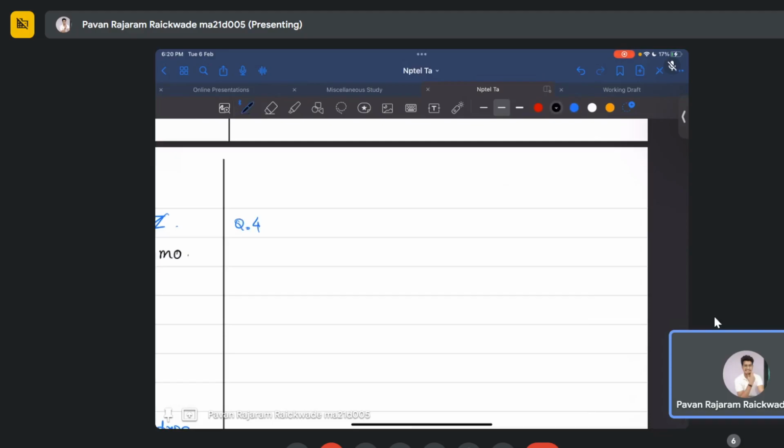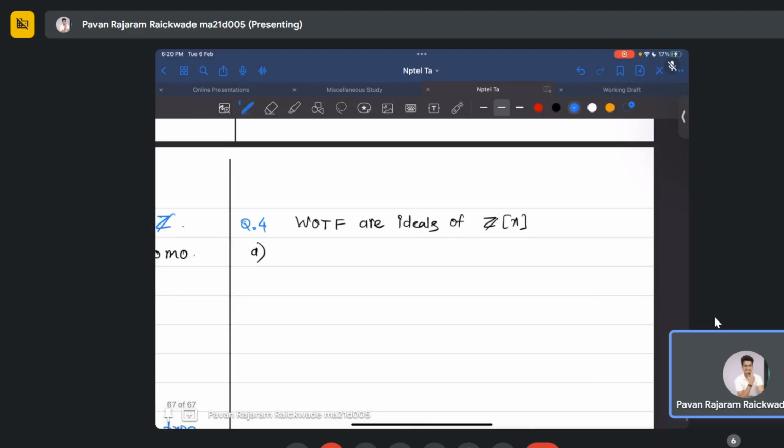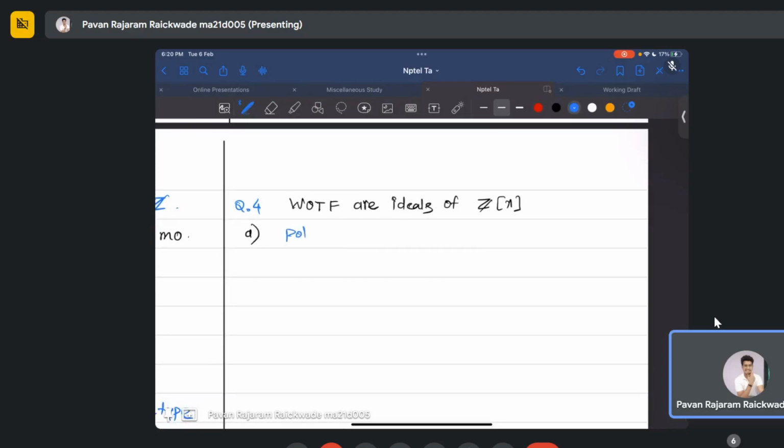Question number 4. We have to decide which of the following are ideals of Z over X. Polynomials whose constant term is a multiple of 3, let's say.